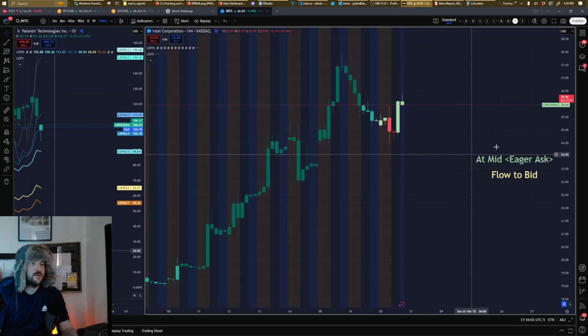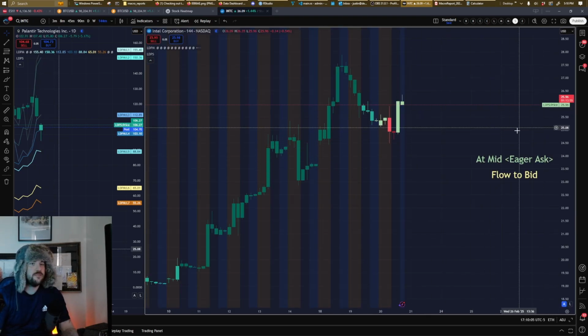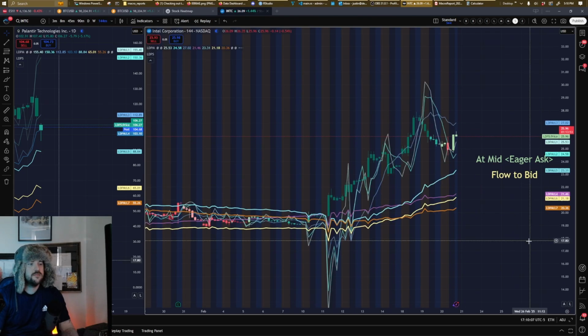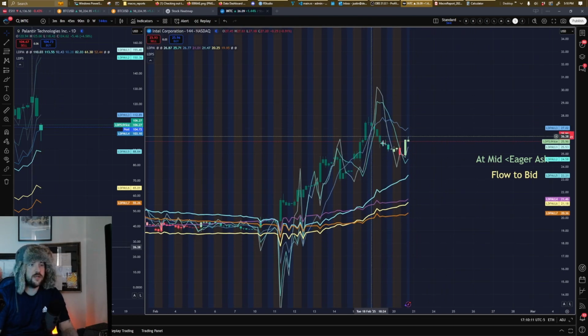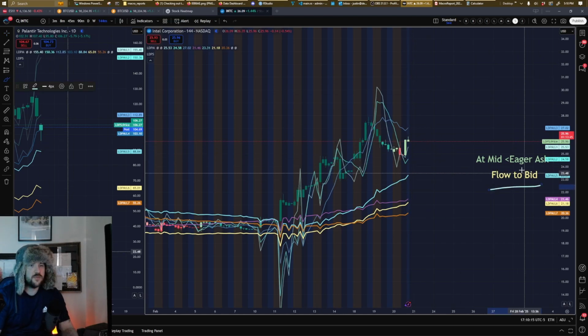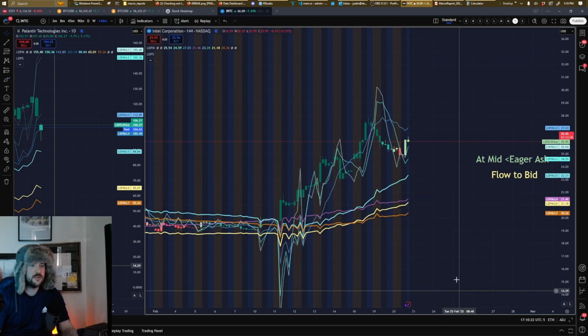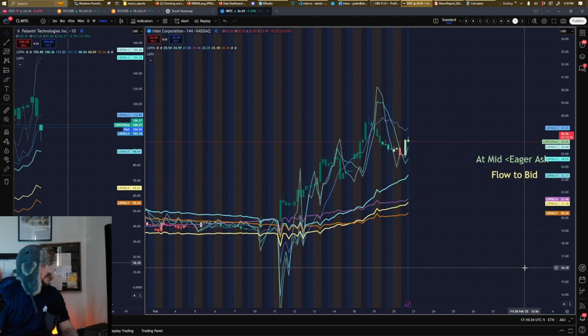Sorry. This looks pretty bearish. We have eager ask. We have some evidence of the bid, but we're flowing to the bid with an eager ask, and it looks like LDPM is interested in pointing upwards.